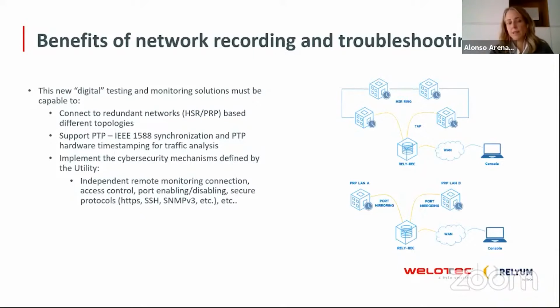And not only that, the important thing is to timestamp the recorded traffic with the reference of the network and with very good accuracy, so that the latency and other parameters can be measured correctly. And finally, with all the cybersecurity concerns that we have at the moment, these elements have to support cybersecurity mechanisms defined by utilities, like remote monitoring, access control, port enabling and disabling, and so on.